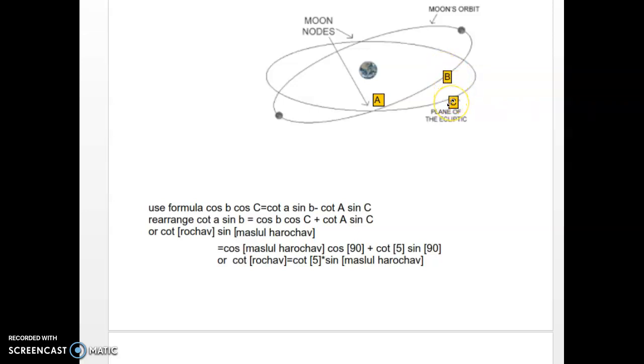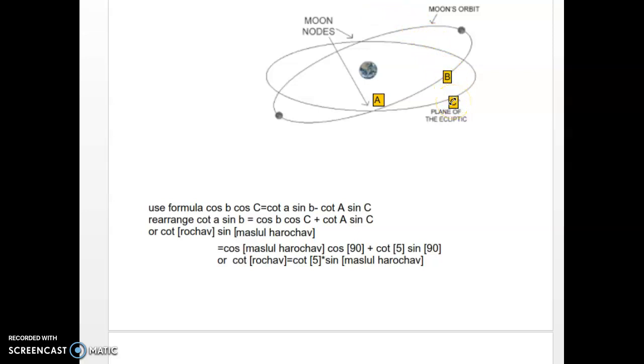Why do we know big C? Because really we draw a line from big B to big C, and that line hits the ecliptic at a 90-degree angle. Because when we say the roichav, what does roichav mean? We take from the pole of the ecliptic all the way and draw it till the plane of the ecliptic.